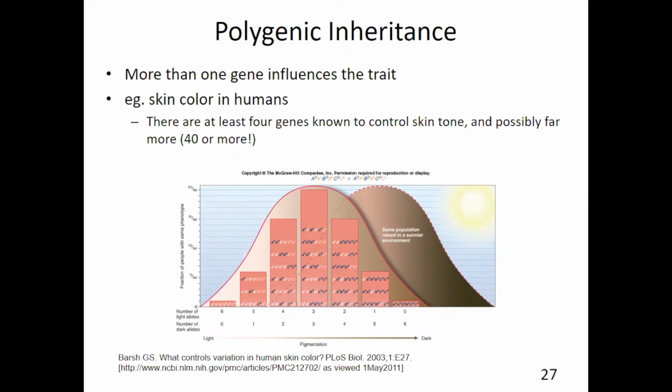There are a number of different genes with many different alleles that govern a single trait, skin color. So you can see that represented here in this figure. There is a distribution of skin tone from lighter to darker, and this is dictated by a number of different genes.